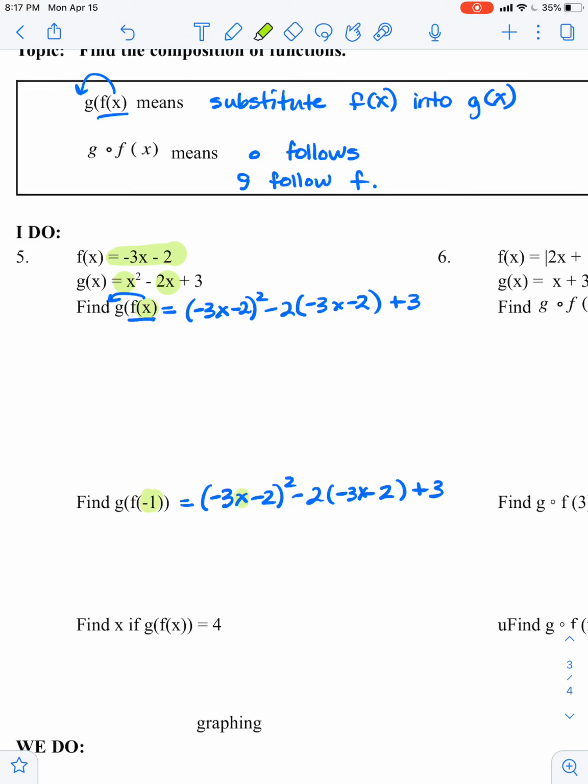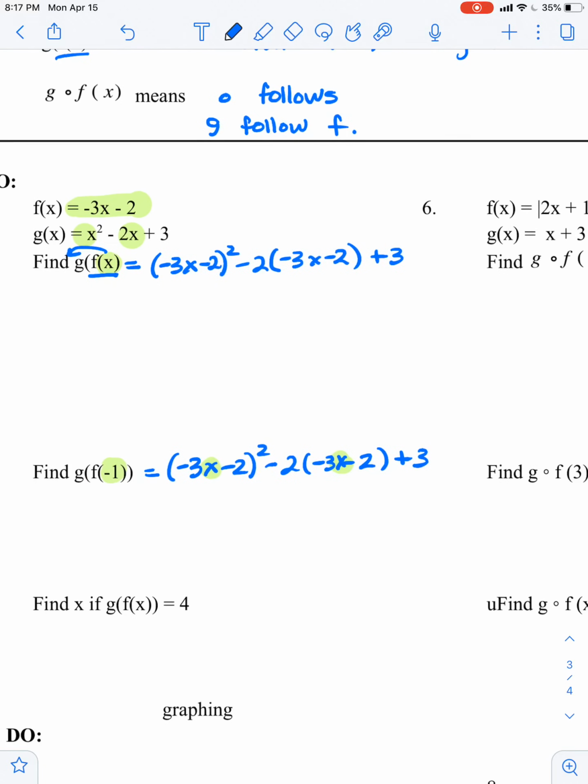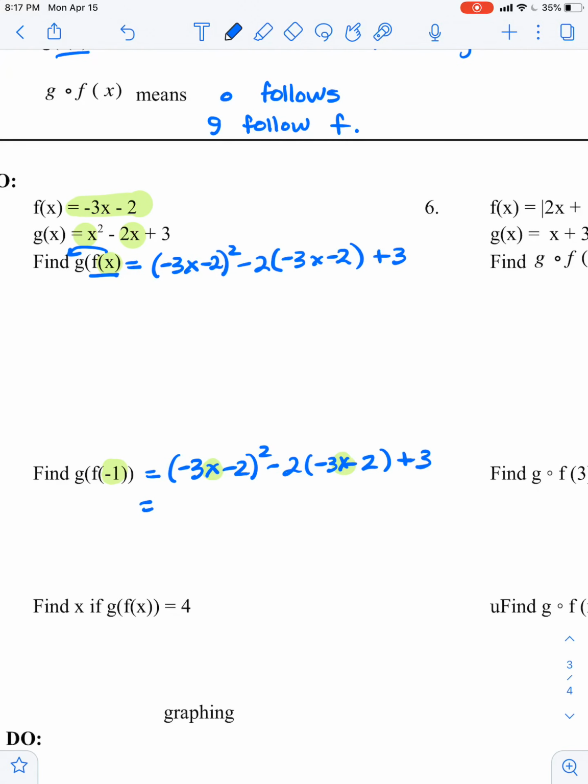So we're going to come over here to all of our x's, and we're going to put a negative 1. Anytime, I've told you this many times, anytime you substitute in a negative 1, put parentheses around it, okay? So here we go. A negative 3 times a negative 1, minus 2, and then that whole thing squared, minus, negative 3 times a negative 1, minus the 2, plus 3.